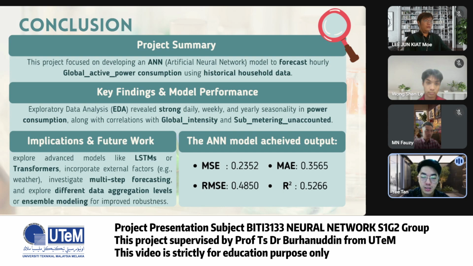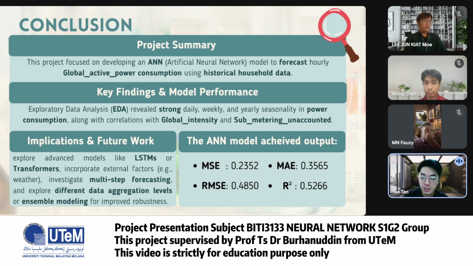For the conclusion, this project focused on developing an ANN model to forecast the hourly global active power consumption using previous historical household data. The key findings and model performance: the EDA revealed strong daily, weekly, and yearly seasonality in power consumption, along with correlation with global intensity and sub-metering. For future work, explore advanced models like LSTMs or transformers, incorporate external factors such as weather, investigate multi-step forecasting, and explore different data aggregation levels or ensemble models for improved robustness.